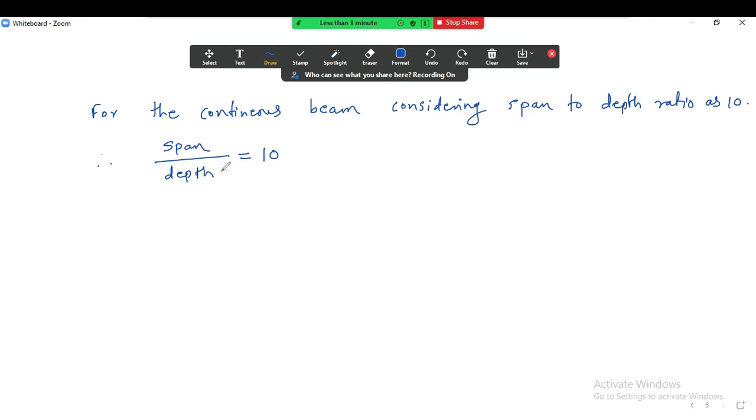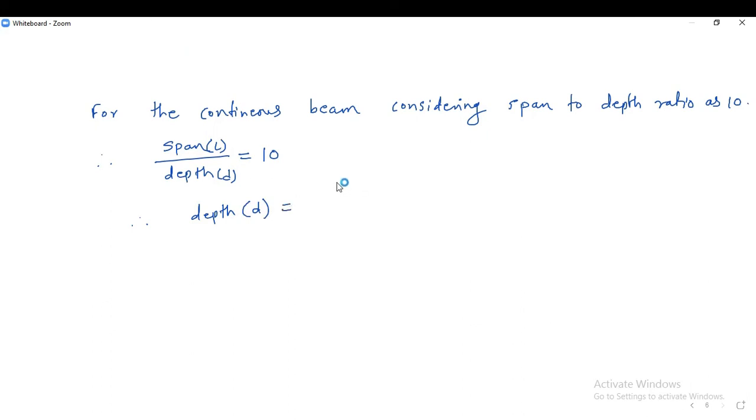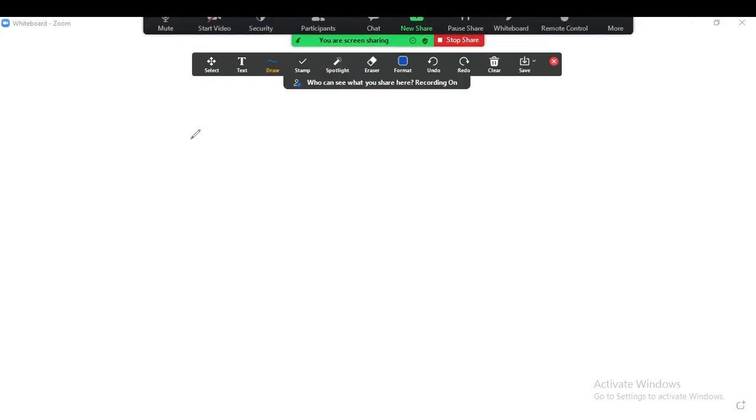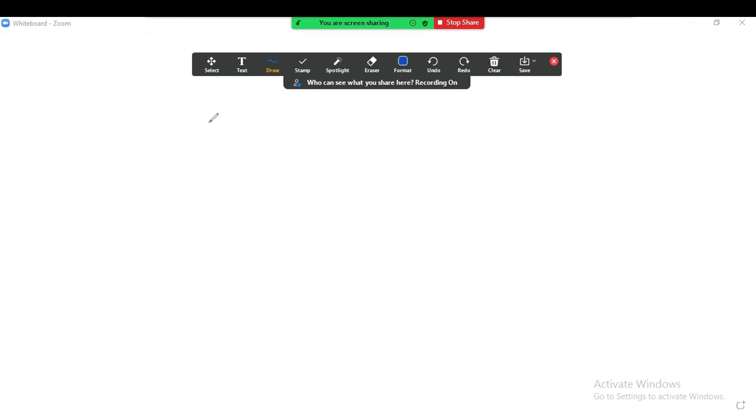Therefore this is your depth d, this is your effective span L. So depth d is equal to span divided by the span to depth ratio.